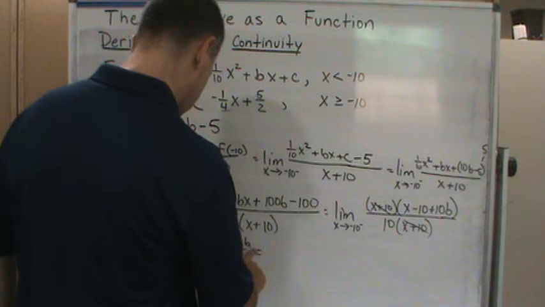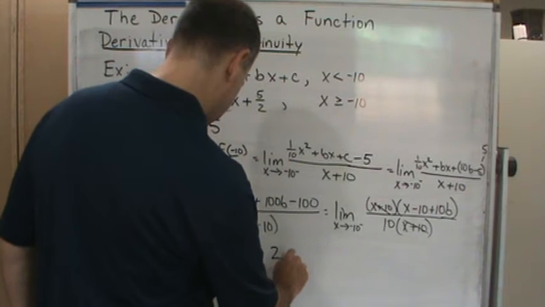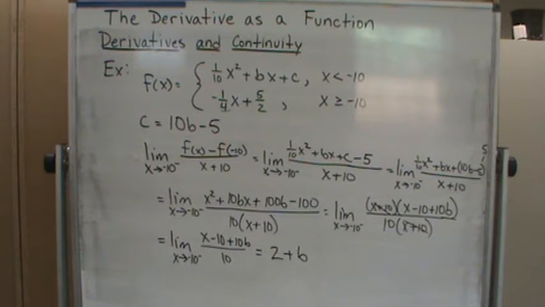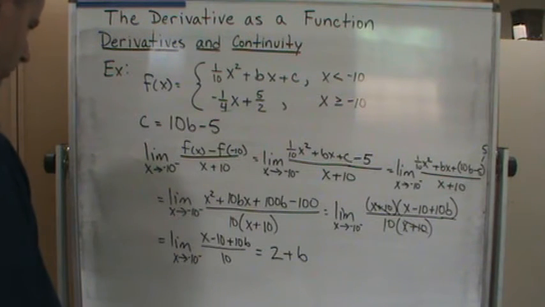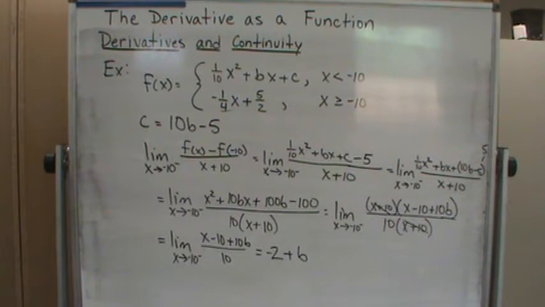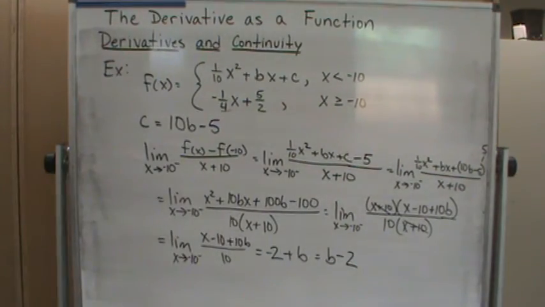So negative 10 minus 10 gives us negative 20 plus 10b. Oh, I'm sorry, minus 20. So then, of course, we could write this as b minus 2.